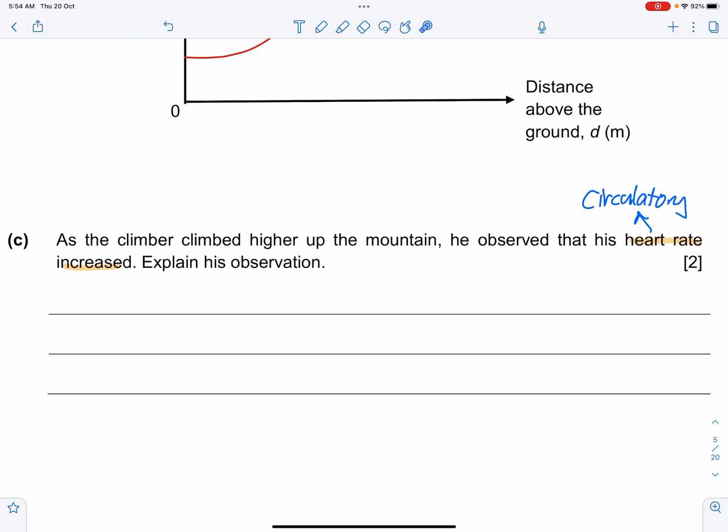I'm going to break it up for you so that you can use the same answer for any other similar question. The first thing you need to say would be: heart pumps blood faster.